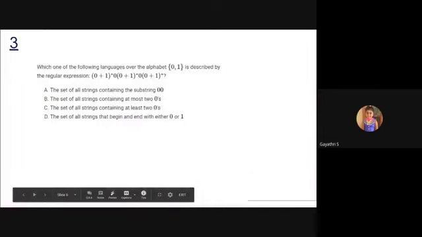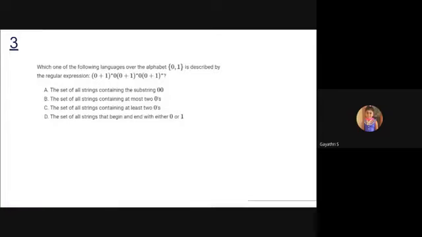Next, which one of the following languages over the alphabet 0, 1 is described by the regular expression? The input is a regular expression.